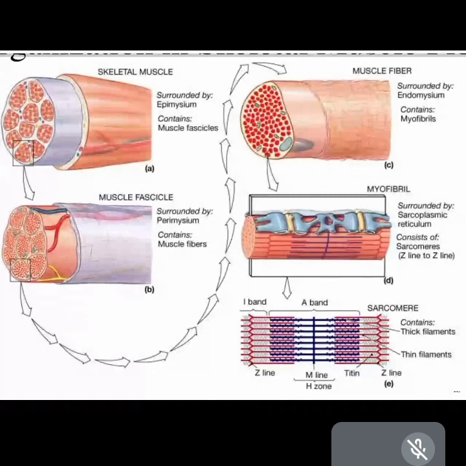So each myofibril is surrounded by another covering called the sarcoplasmic reticulum. It consists of the sarcomeres, the Z lines. So the sarcomere here in the lower right of the picture, this is the I band, the A band, and then this is the M line, the Z line, the titin. Okay, we will just discuss this one by one later.